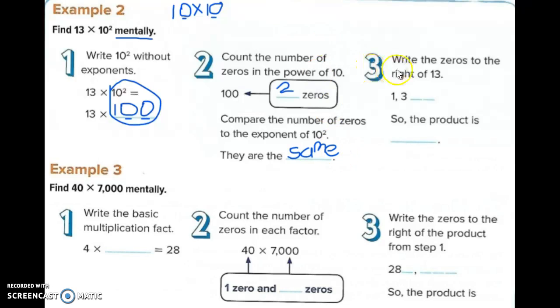The third step is that we have to write the zeros to the right of 13. So we are going to write 1, 3, 0, 0. Remember, 1, 2, 3, comma. So the product is 1,300.